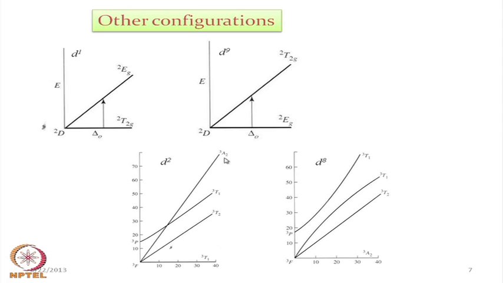One is 3T1 and another is 3A2. They do not have the same orbital multiplicity. If they are of the same orbital multiplicity, they will not cross each other, they will repel each other. This is the case where we see that this 3T1 and this 3T1 both are repelling each other.